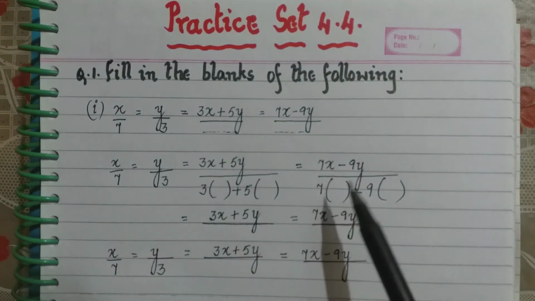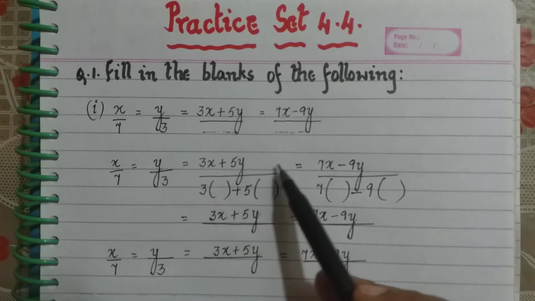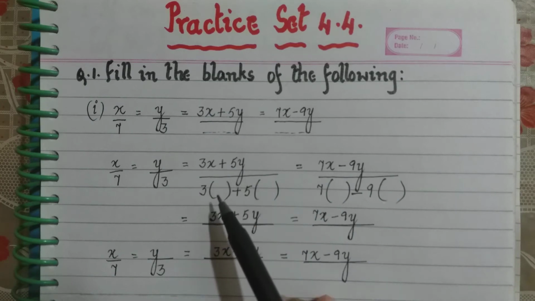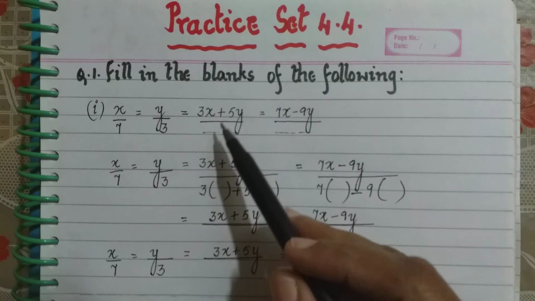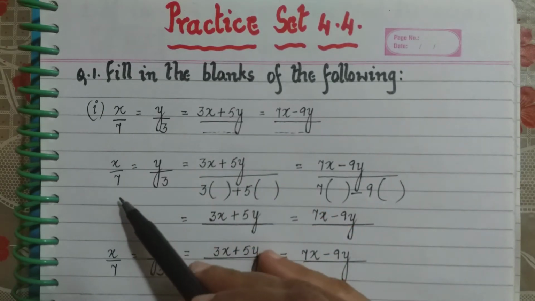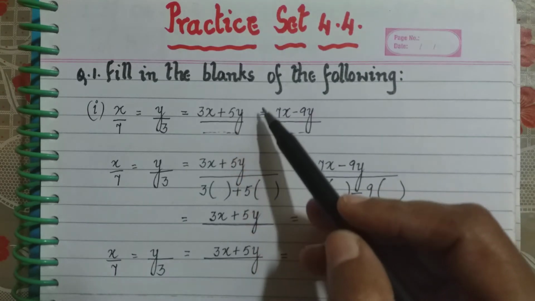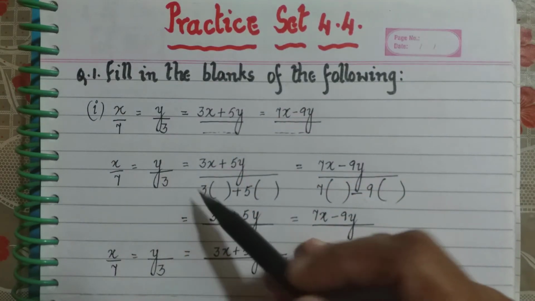So we take here x upon 7 equal to y by 3 which is given. Now numerator is 3x plus 5y, same thing is written. Now when we write the denominator, in place of x, we will write its corresponding denominator and in place of y, we will write y's corresponding denominator.